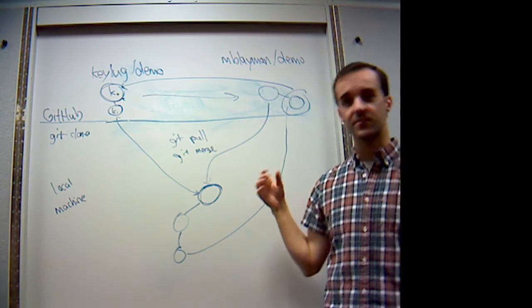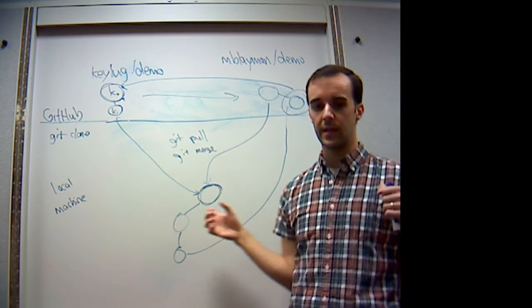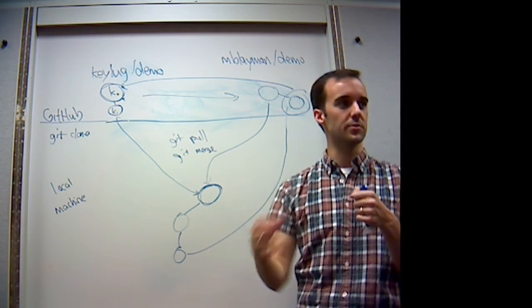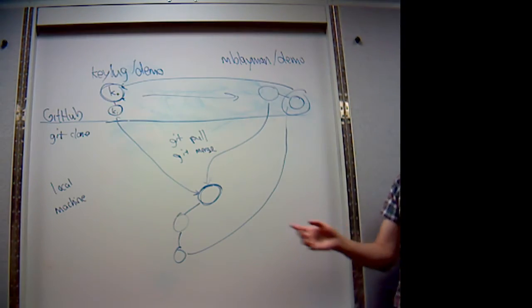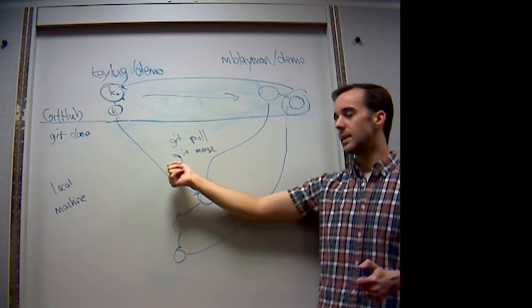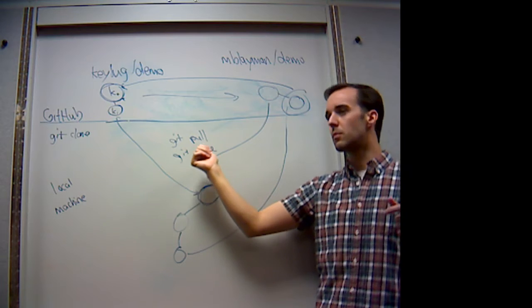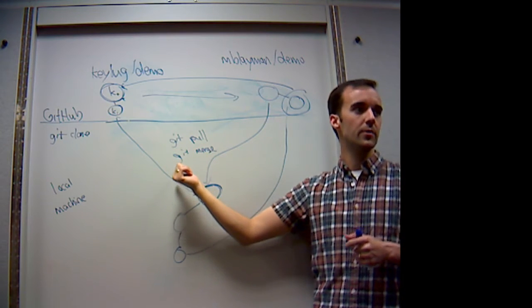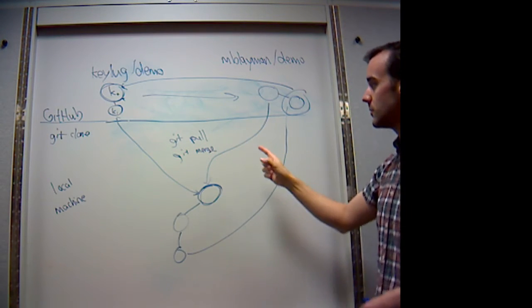That's called a fast forward, where it skips the extra commit and just says, all right, we'll just give you this new stuff. It's not worth fretting about too much, except that you should keep in your head that this can be more difficult to manage, which is why I opt for the other flow.